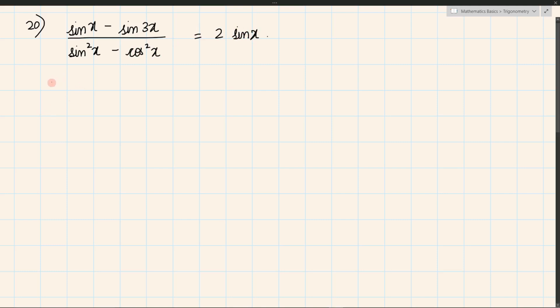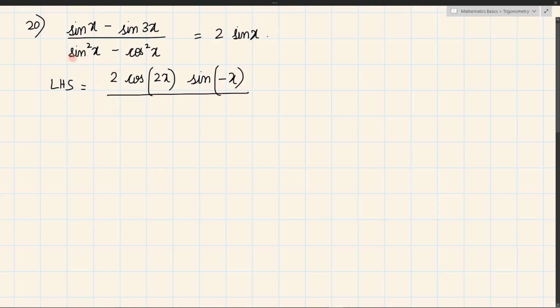So we have the left hand side is equal to sine A minus sine B, so that is equal to 2 cos of (A plus B) by 2, that is x plus 3x is 4x, 4x divided by 2 is 2x, into sine of (A minus B) by 2, x minus 3x is minus 2x, minus 2x divided by 2 is minus x, whole divided by sine square x minus cos square x.